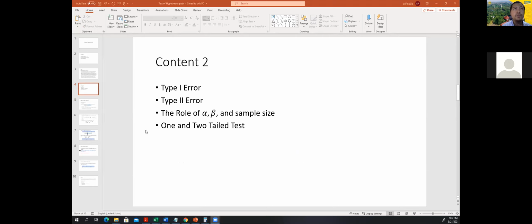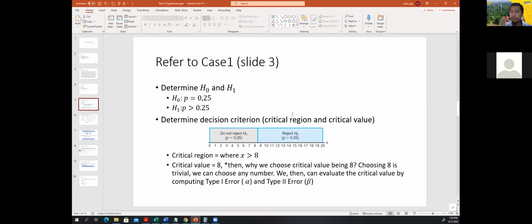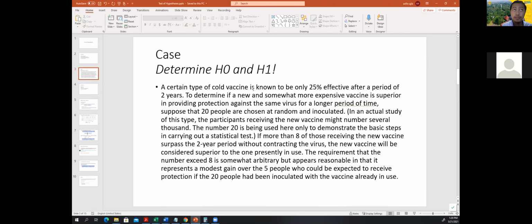And today we want to apply it to the computations. So I need maybe 5 or 10 minutes of your focus on this slide. Okay, let's start. Refer to case 1 in the slide here.